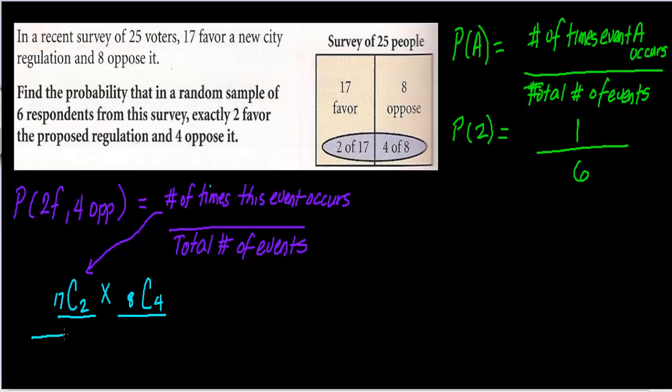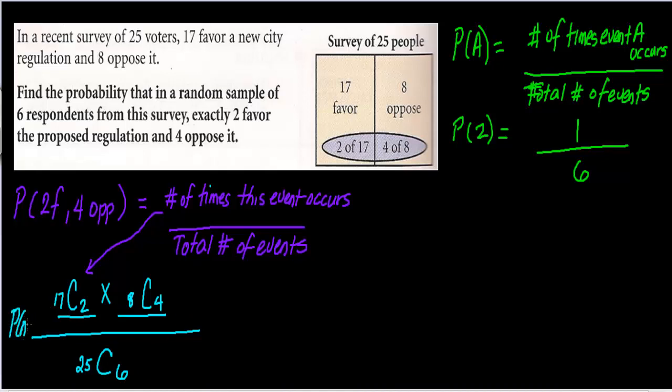Your denominator is the total number of events. I'm choosing 6 people total from 25, so this would be 25C6. And there you have it. That's the probability.